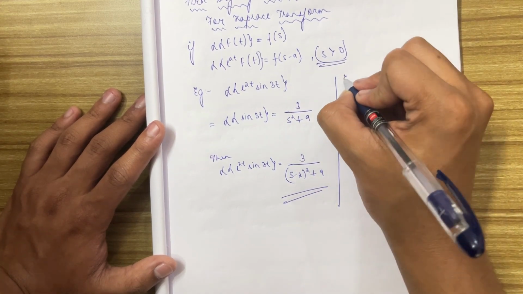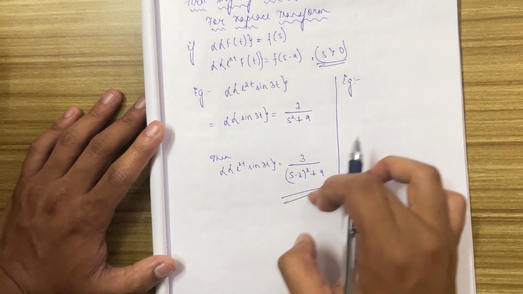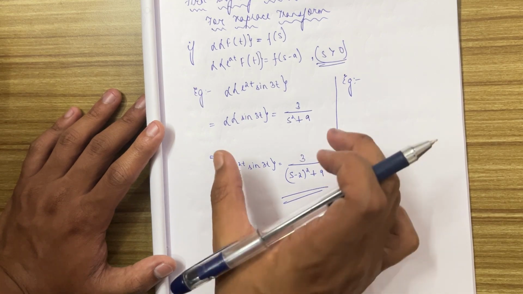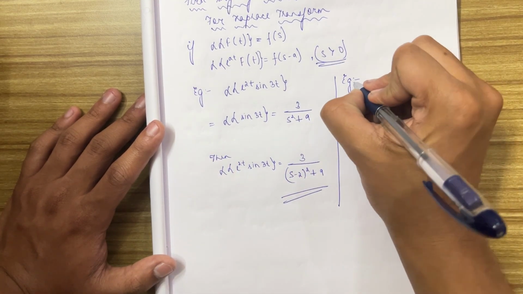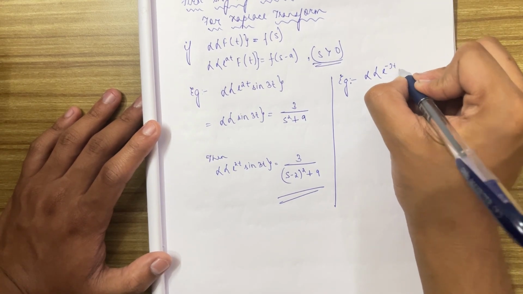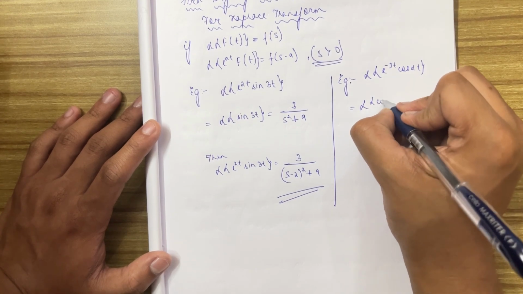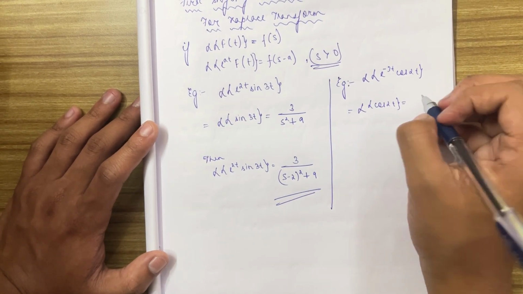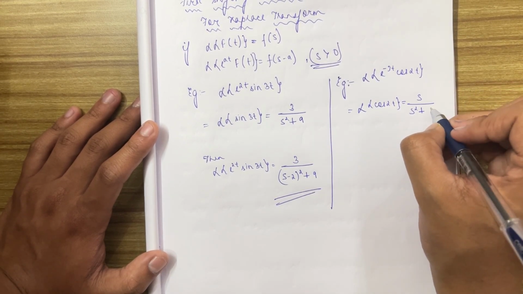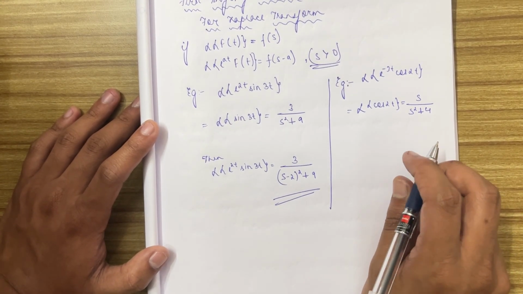Similarly, let us do another question. I'm doing these roughly; this is not the format, I'm just simplifying it to a shorter form. e to the power minus 3t cos 2t. So let us do this. Cos 2t, what would it be? s by s square plus 4.